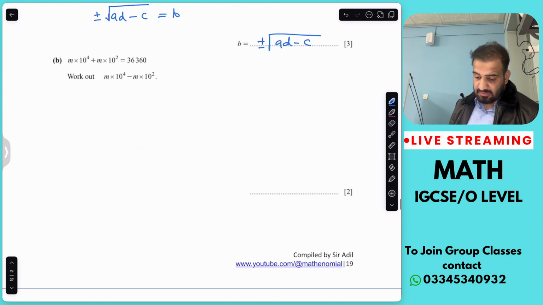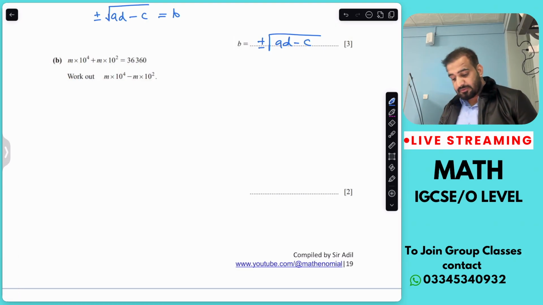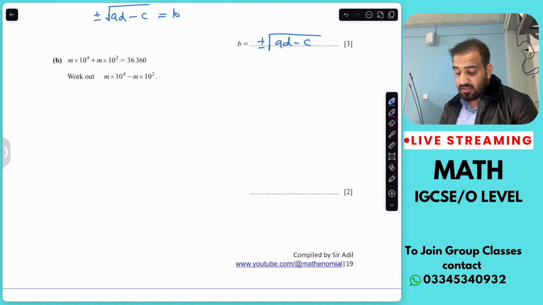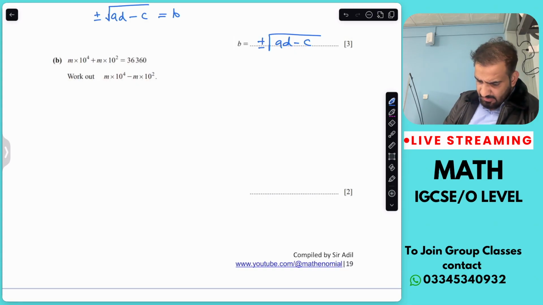Moving on to part B, you have given some expression, and first of all, let's find the value of M from the given expression. So how can I make M subject? Let's take maximum M, and then I think we can take M 10 square common. So inside will be 10 square plus 1 is equals to 36360.